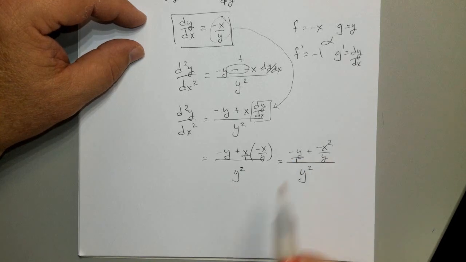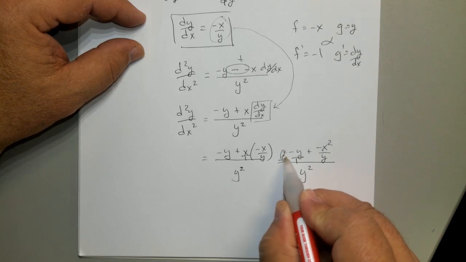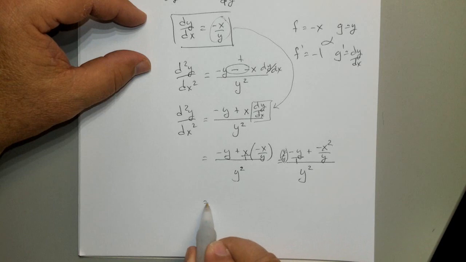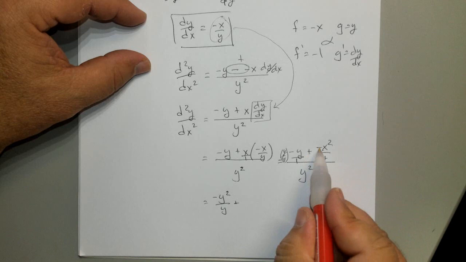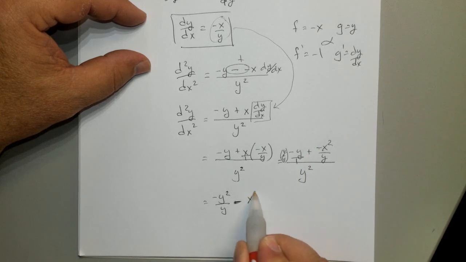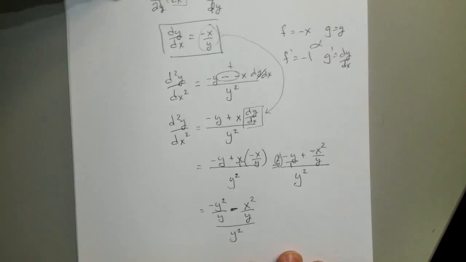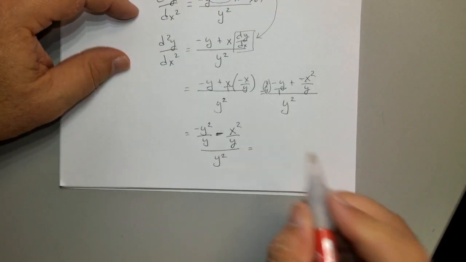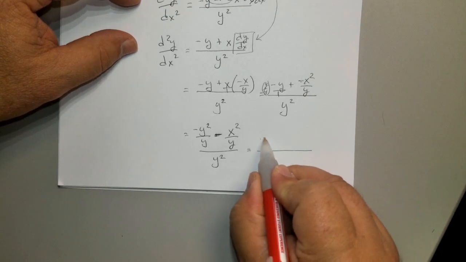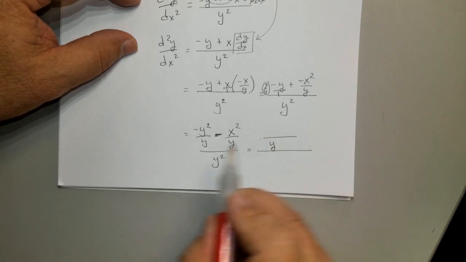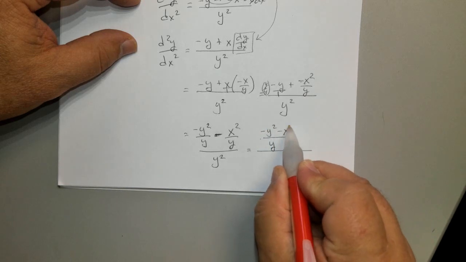We have to get a common denominator on top, so what do we have to do? Multiply by y over y. Negative y squared over y. Positive and negative is a negative. Squared over y squared. Common denominator, so we have negative y squared minus x squared.